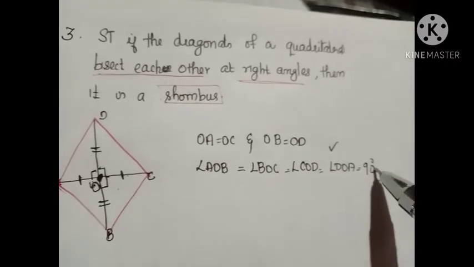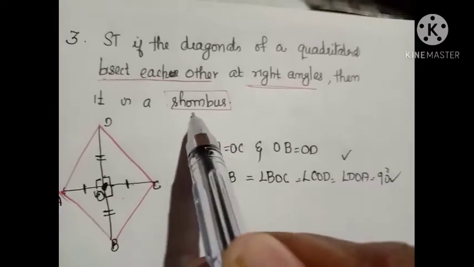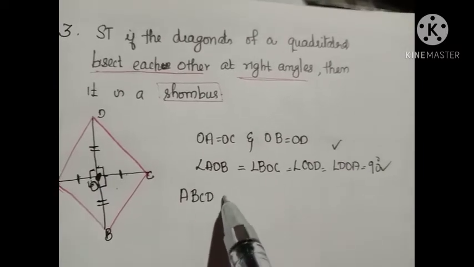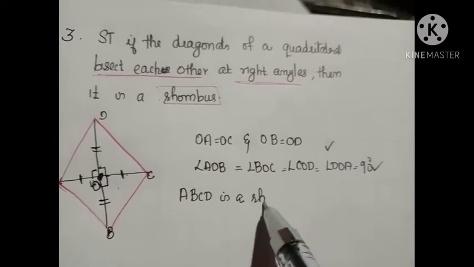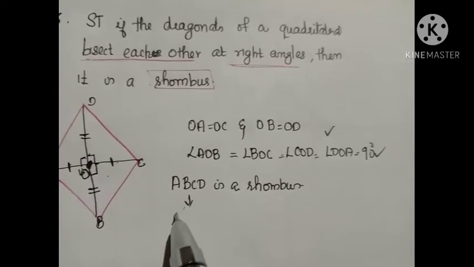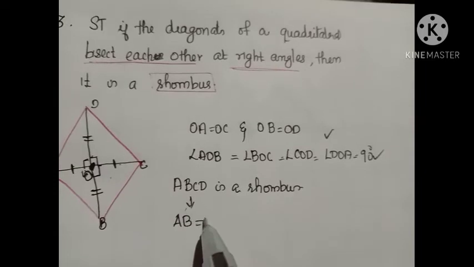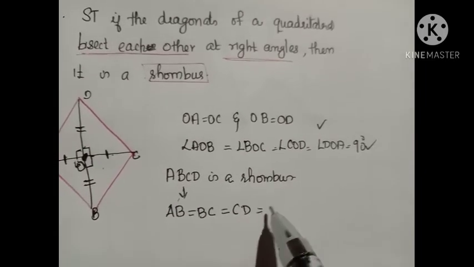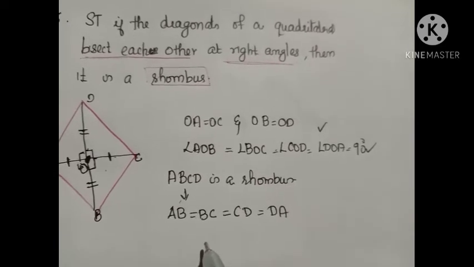So these two conditions are given. We need to prove ABCD is a rhombus. To prove ABCD is a rhombus, it is enough to prove that all the sides are equal. That is AB equal to BC equal to CD equal to DA.